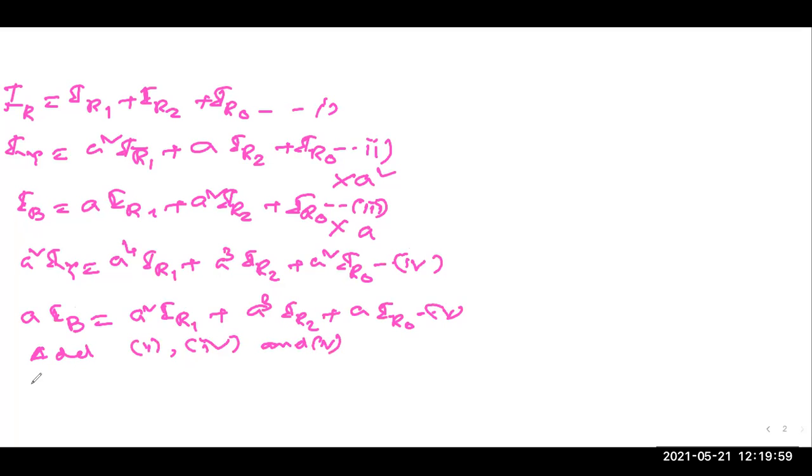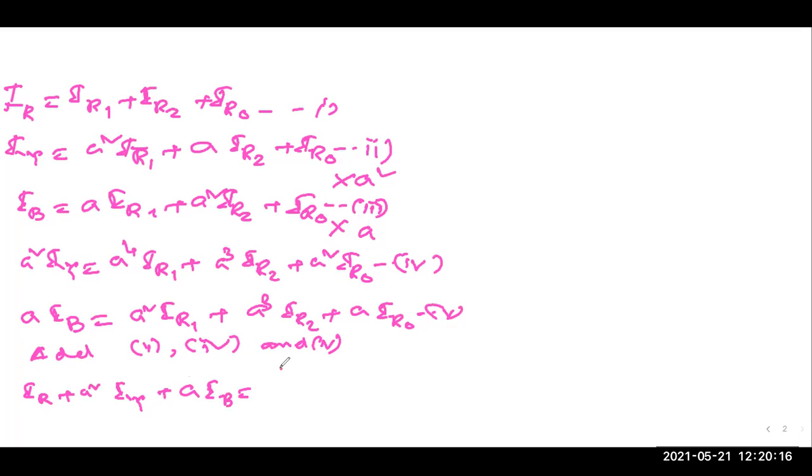What we'll get? We'll get IR plus A square IY plus A into IB.